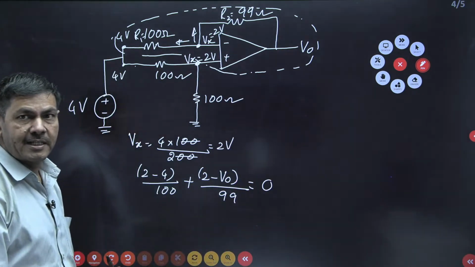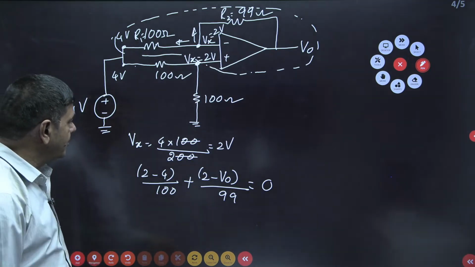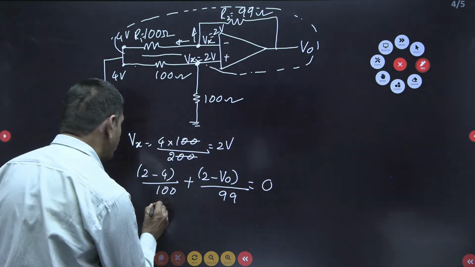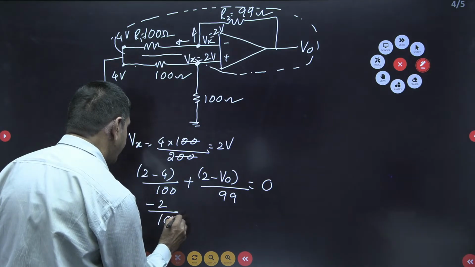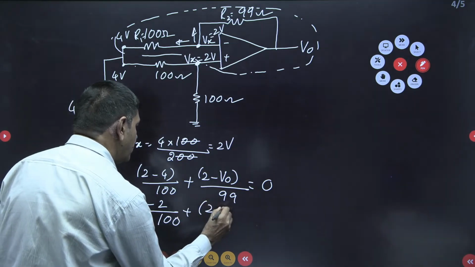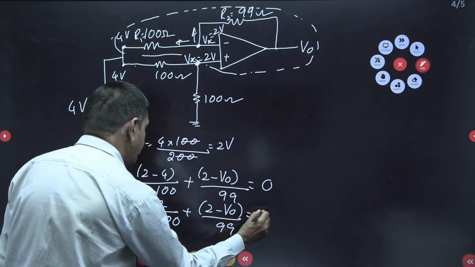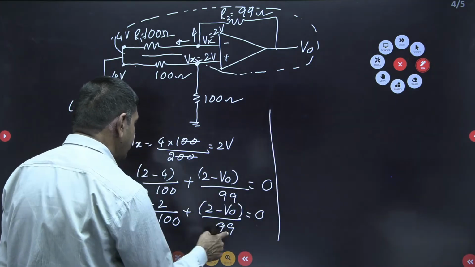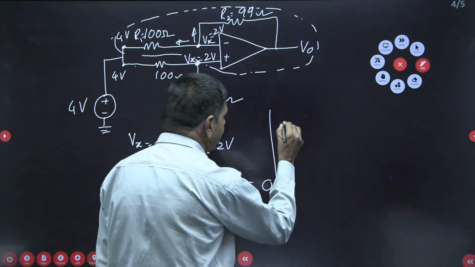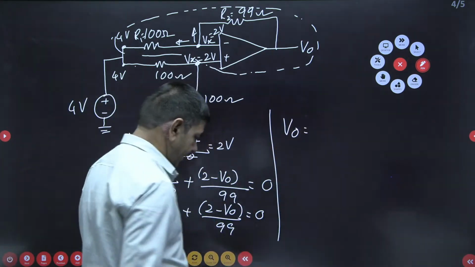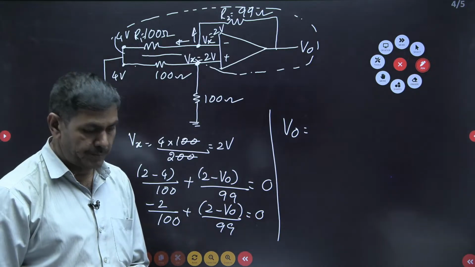Summation of all the currents equal to 0. You simplify this one, you will get the value only. Minus 2 by 100 plus 2 minus V0 by 99 equal to 0. On simplification, finally you are going to get the V0 value. I will give it to you now, you can compute if you want.